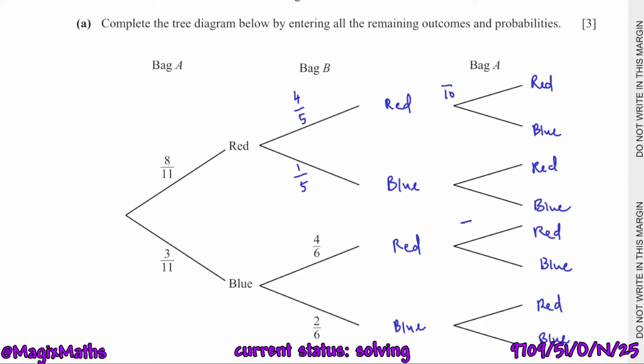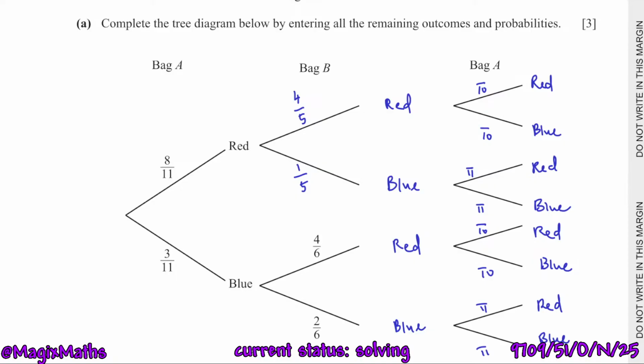I should put it in the more convenient place. Let's put it here. Now if it's blue, however, one blue marble from bag B is put into A. So from 10 it goes to 11. So 11 here.